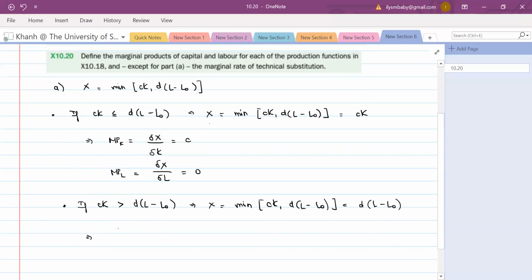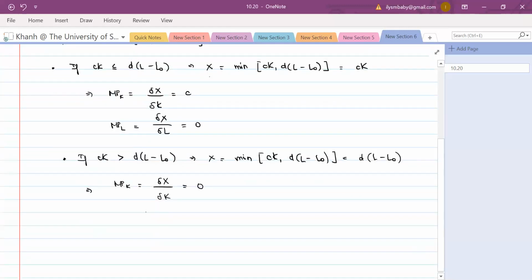Again, it's very easy to find the marginal product of capital, which is just the change in the production function given the change in capital. As you can see, there isn't any K here, so the whole thing is treated as a constant. When you differentiate with respect to K, that will just give you 0.